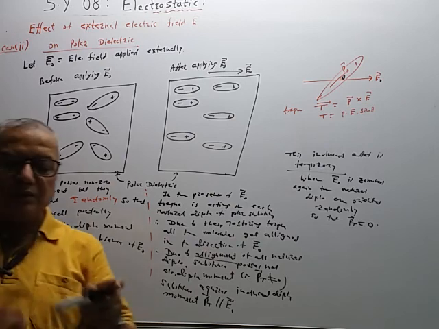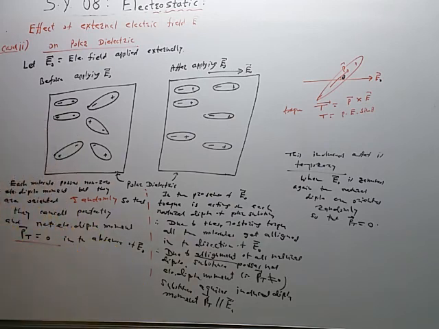So the effect of the applied electric field is the same in both cases, whether it is a polar dielectric or non-polar dielectric. It possesses a temporary electric dipole moment in the direction of the applied electric field. So this is the common result of these two cases.